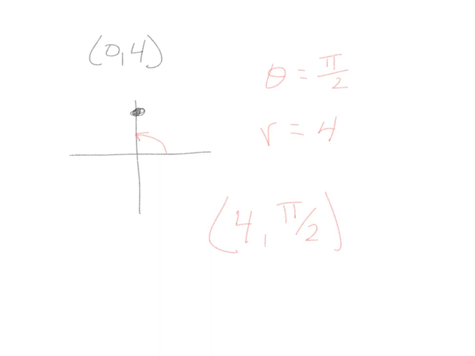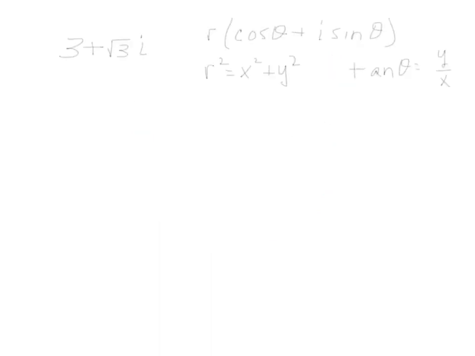Couple more examples. In this set of examples, we are going to be given a complex number, 3 plus radical 3i. We want to be able to convert it. So the first thing we need to do is draw a picture. If we plot this complex number, the real part is your x coordinate and the imaginary part is your y coordinate.